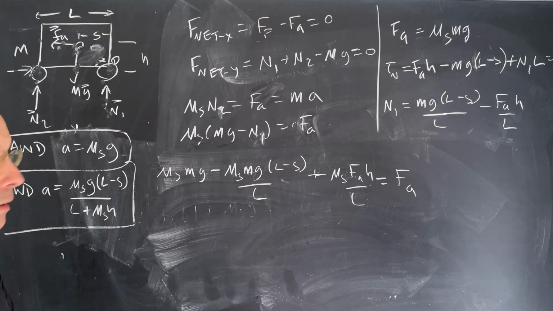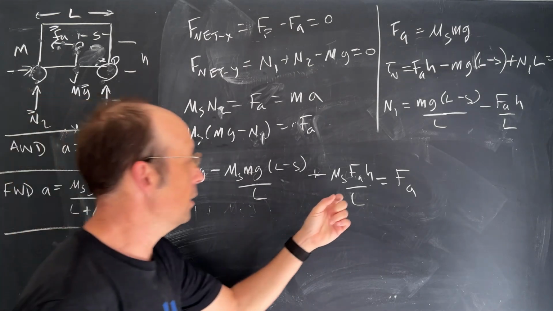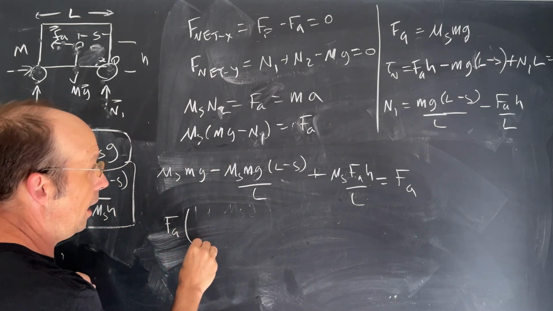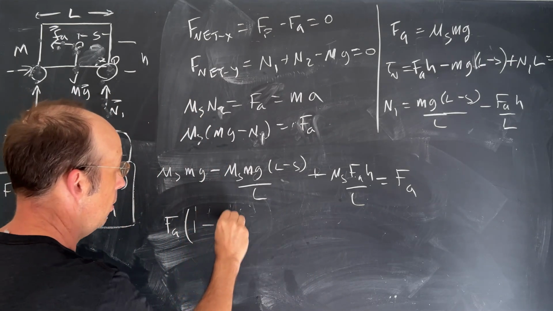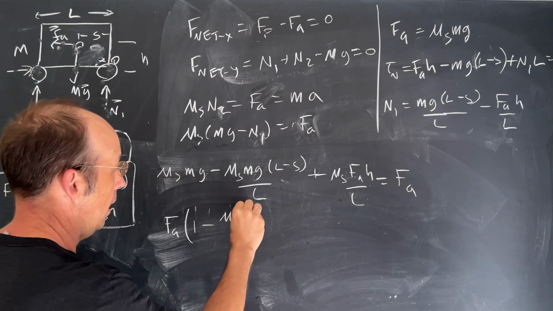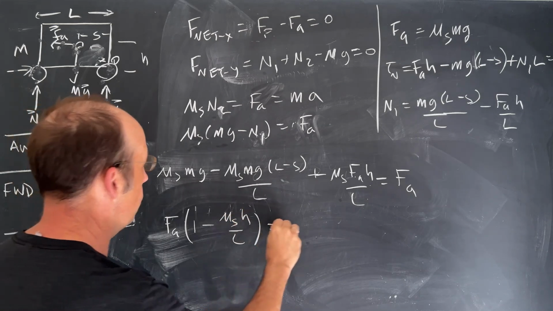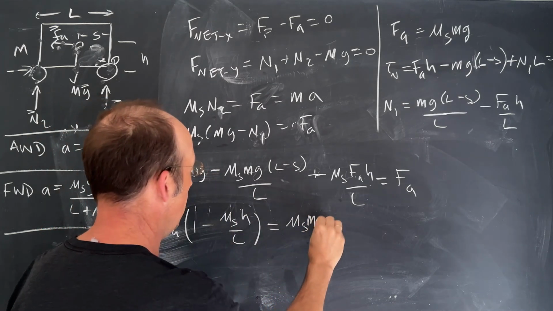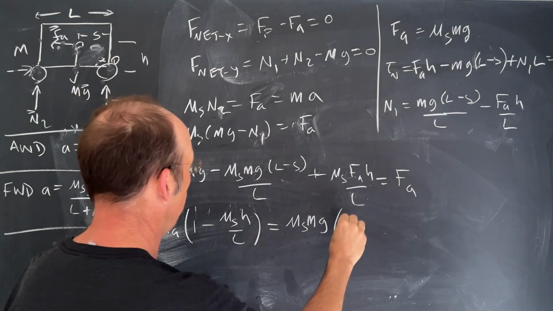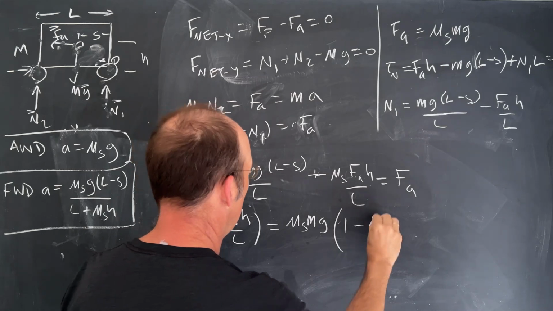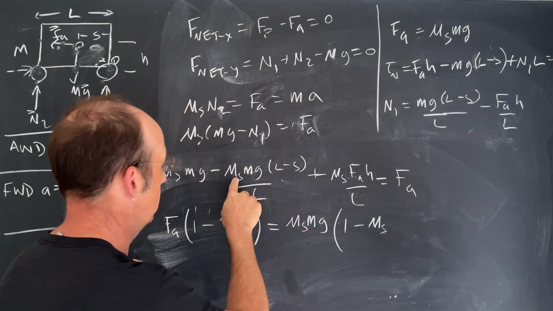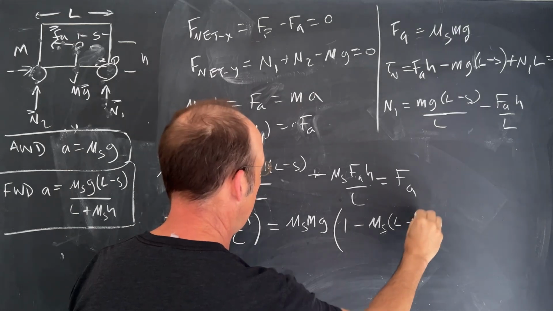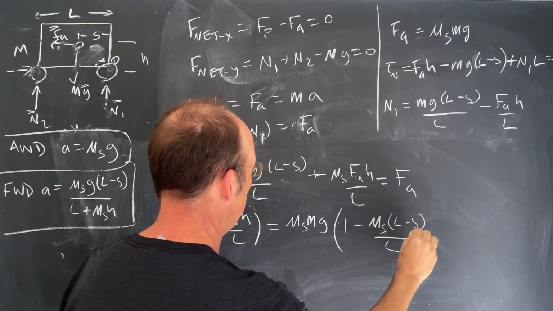Okay, so now let's subtract this from both sides, and I get FA times 1 minus mu s H over L equals, I can factor out the mu s mg, mu s mg times 1 minus mu s times L minus S over L.